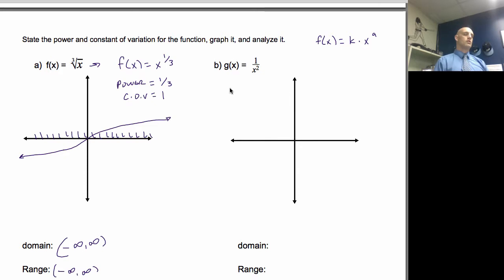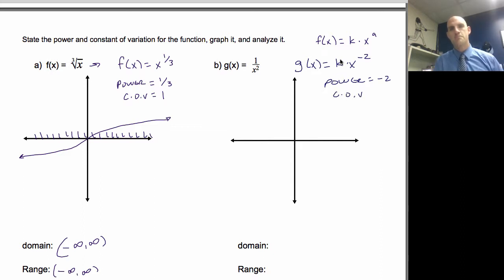If g of x is 1 over x squared, I can rewrite g of x like this. So g of x is equal to k times x to the negative 2 power. Well, in this case, my power is negative 2, and my constant of variation, I put a k out front because that's my constant. Well, what has to go there in this case?